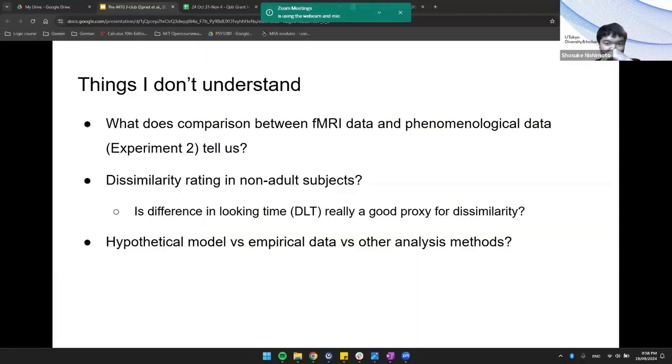The slides you showed, is it in that qualia structure?